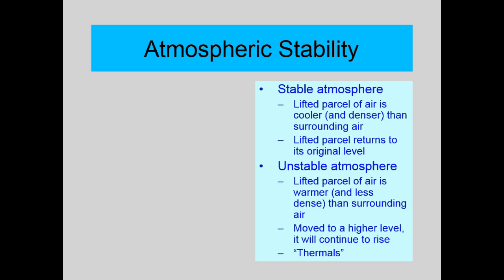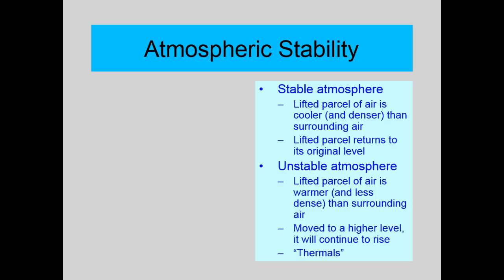and less dense than the surrounding air, then it's moved to a higher level, and it'll continue to rise. When that happens, you start having these currents, and if it's really big currents of warm, moist air rising real quickly through cooler, denser air, and you have movement upward, I don't know if you remember this from the earlier chapter, because the earth is always spinning, you get twisting action.